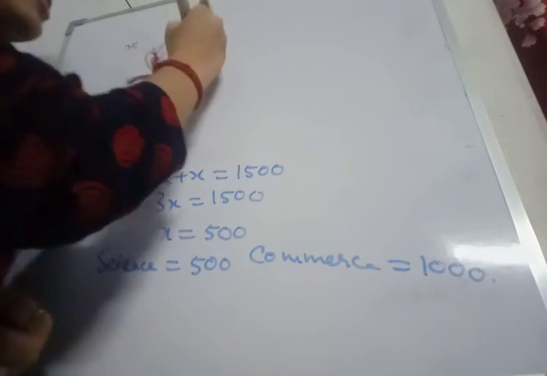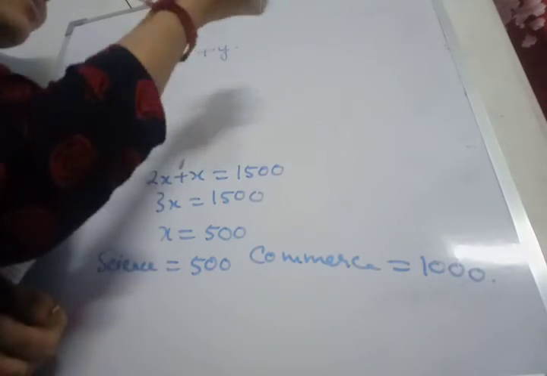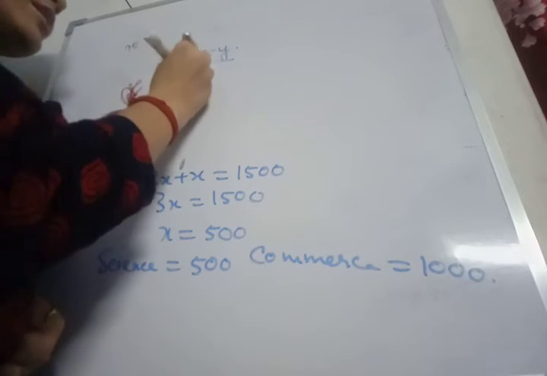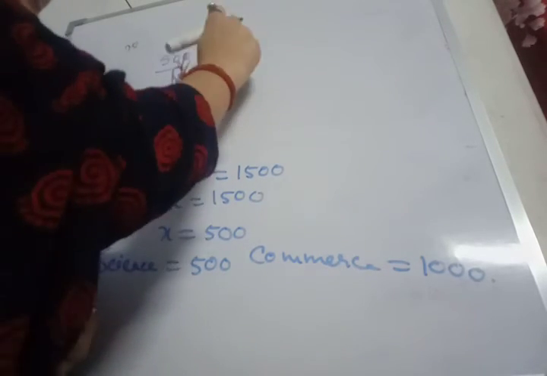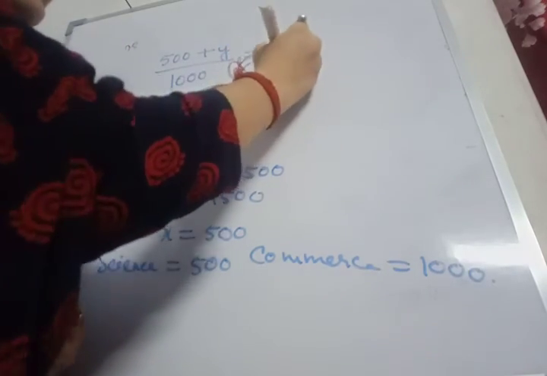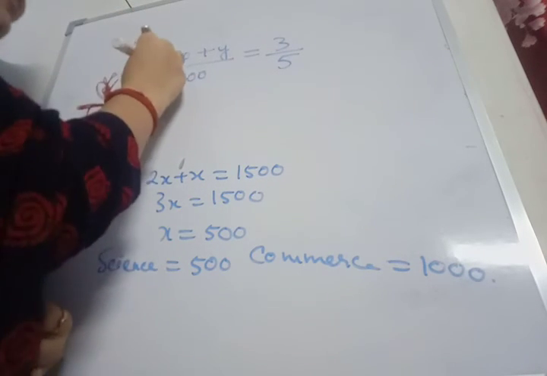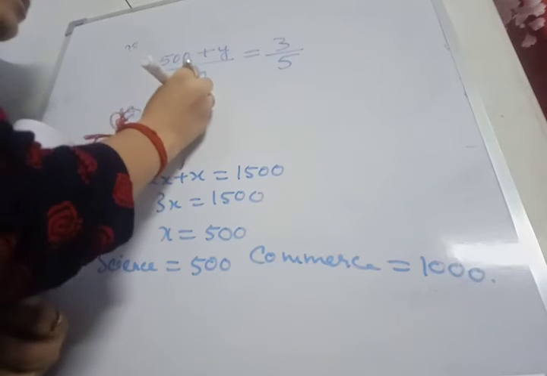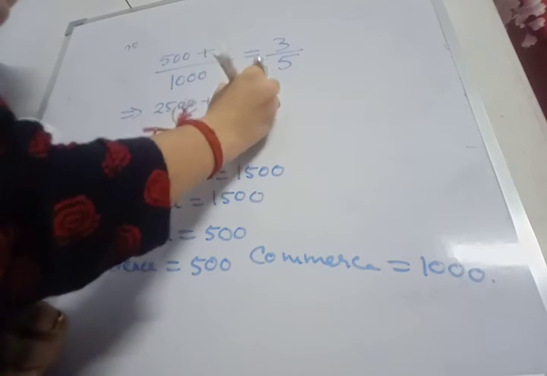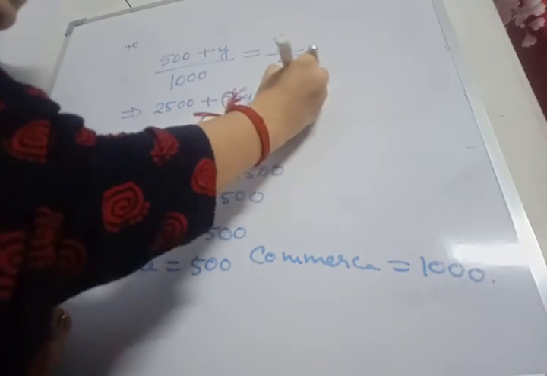The science book to be purchased means 500 plus y, divided by number of commerce books, that is 1000. And now the ratio changes, 3 is to 5 or 3 by 5. I'll do the cross multiplication. 500 into 5 is 2500 plus 5y equals 3 into 1000 or 3000.